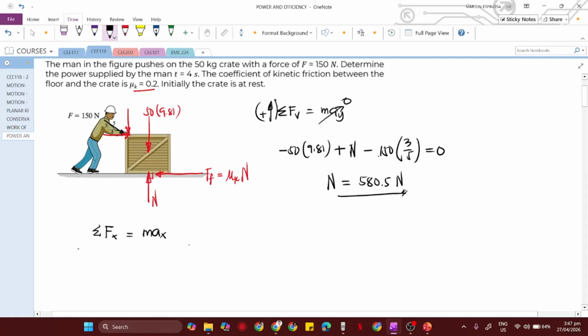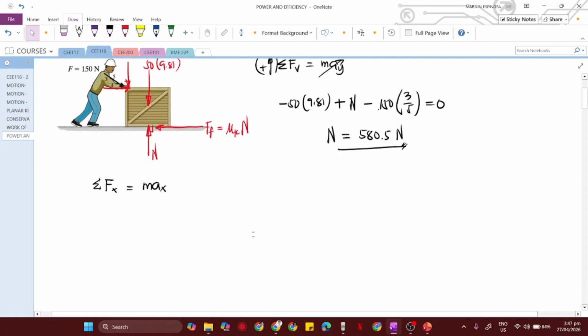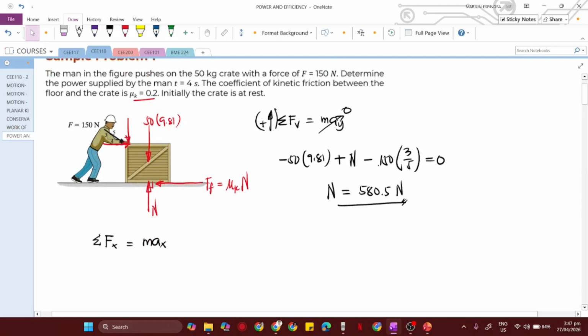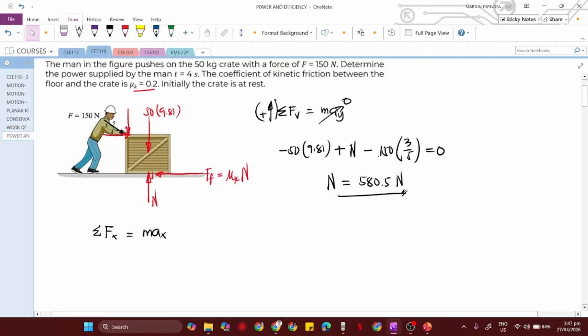Pwede lang yan. Basta, same naman din yung sagot. Pero meron din talagang mga problems na very appropriate or mas madali yung impulse gamitin or yung work of energy theorem, or meron din iba yung mas madali gamitin yung second law. Ito yun. Okay? Or force, mass, acceleration method.